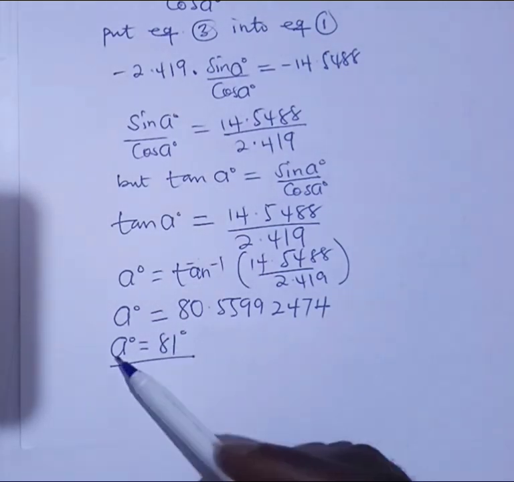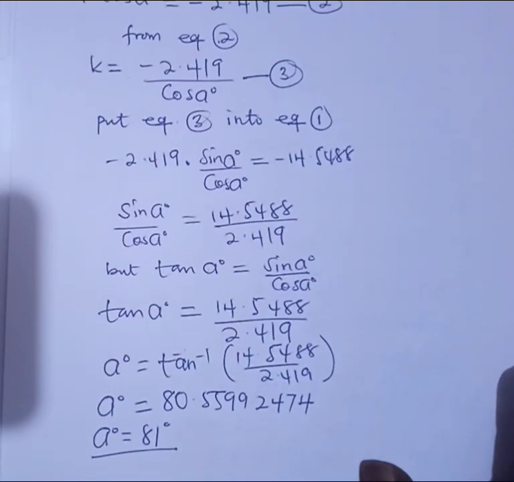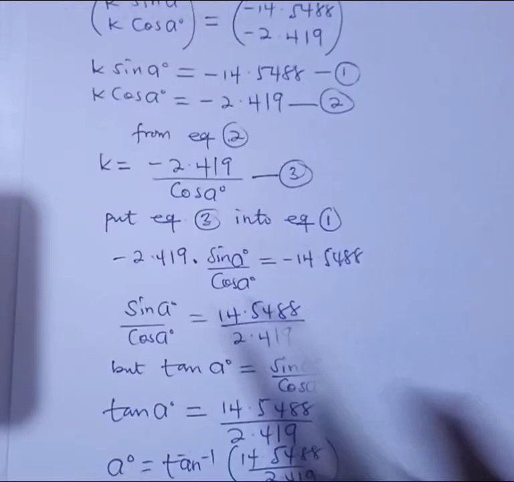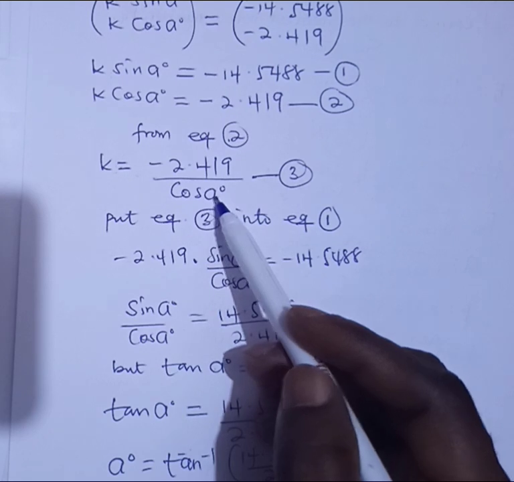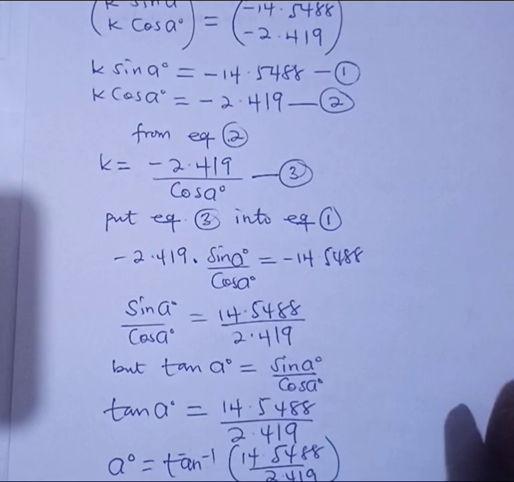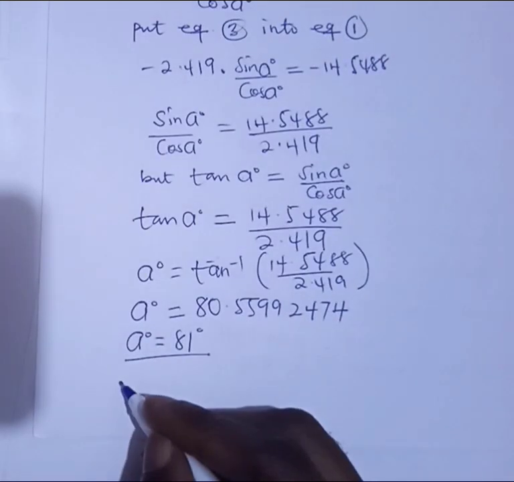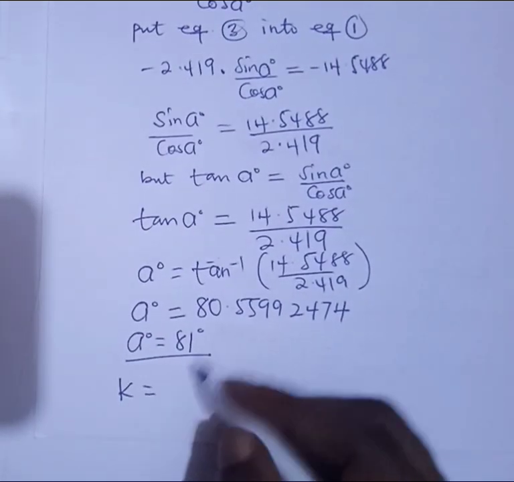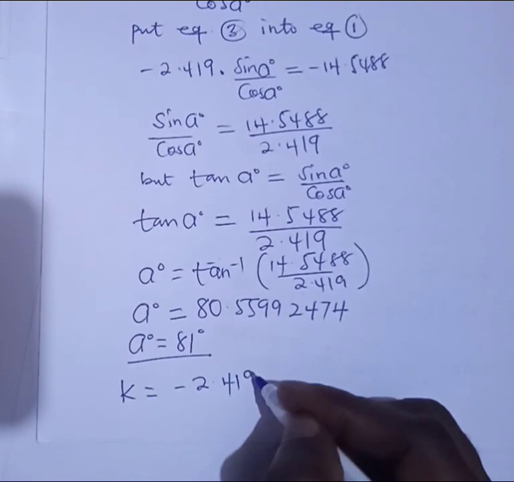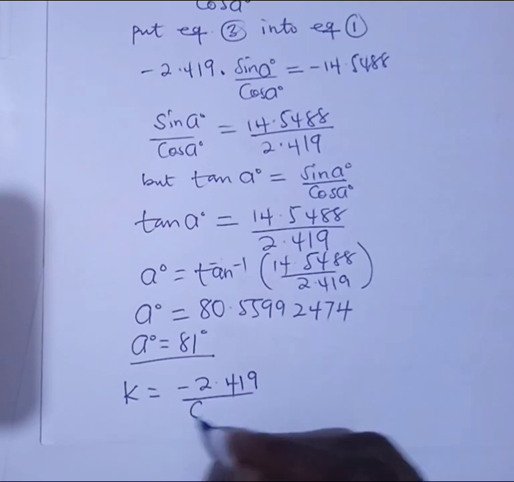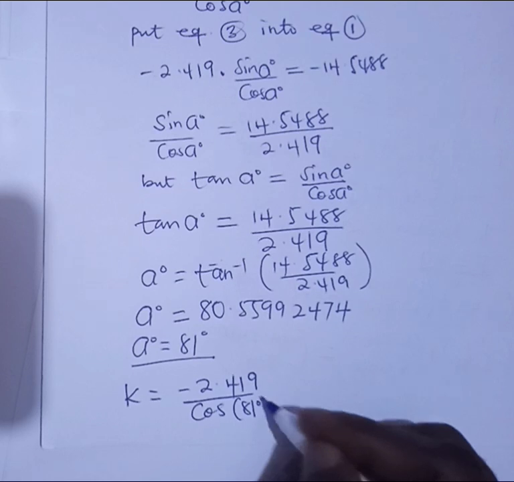So once this is done here, then looking for K becomes easy. We only need to substitute A into any of the equations. So this one I will choose equation 3 because that one gives me the K direct. I only put 81 here and then solve for it. So here my K is equal to negative 2.419 divided by cos 81 degrees.